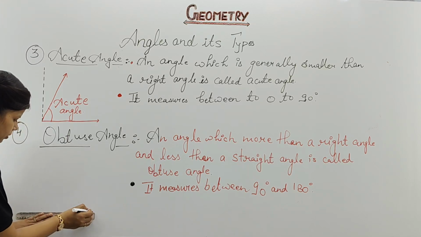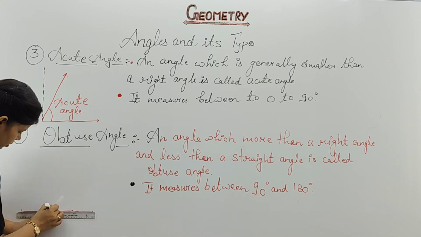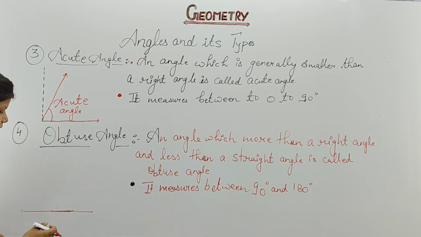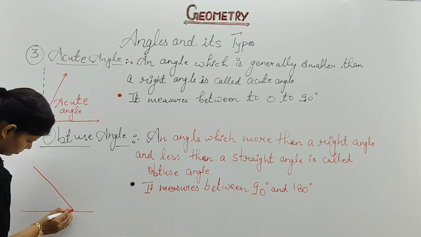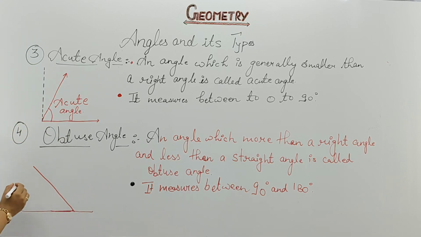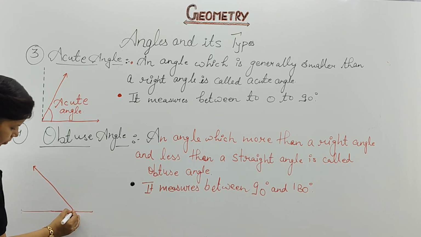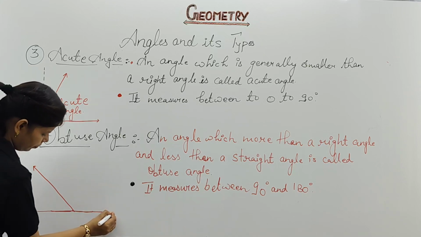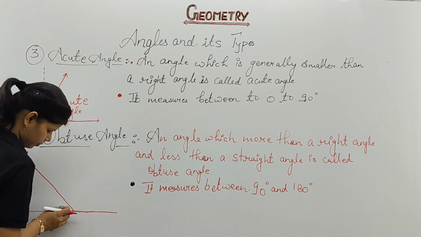If I draw the line like this, this is your first point. This is the another form. This will be your extra one. If we want, we can erase as well.